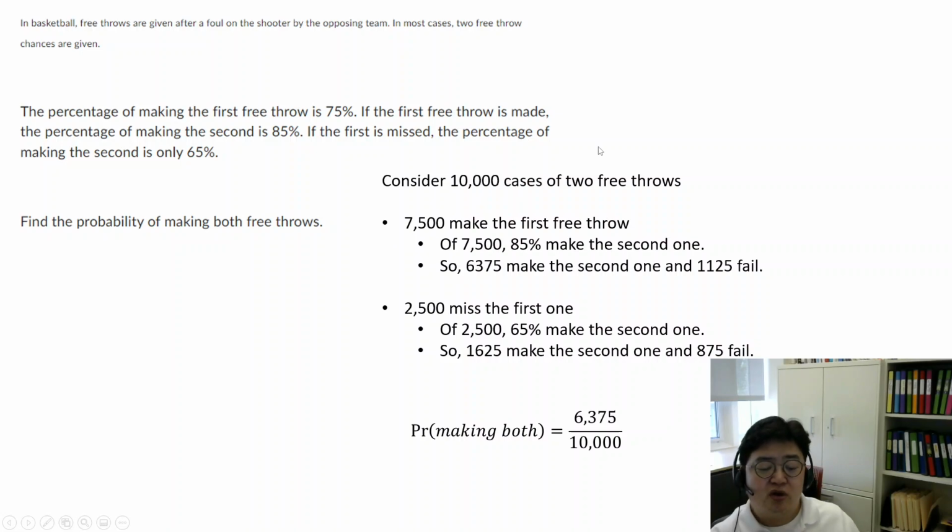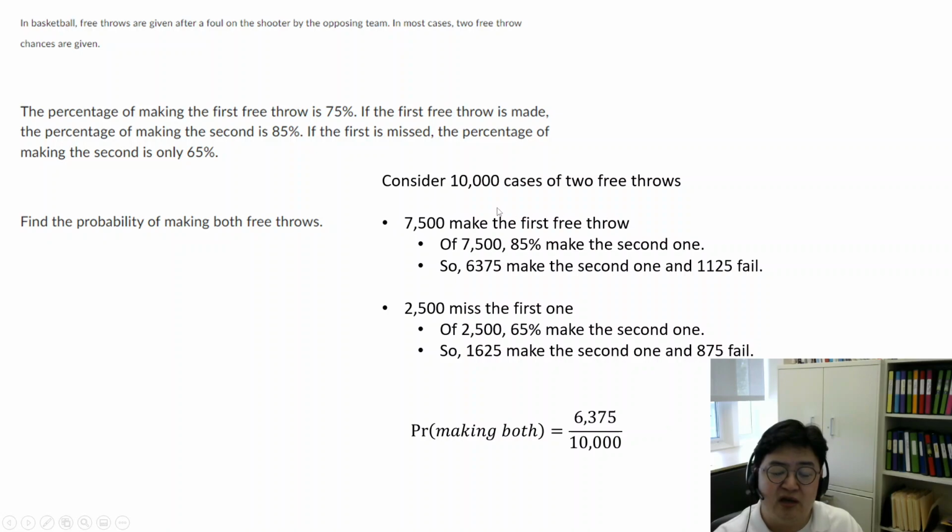So anyhow, you observe 10,000 cases, and according to our assumption, 75% of them make the first free throw. So 7,500 cases make the first free throw, and the other 2,500 cases miss the first one.